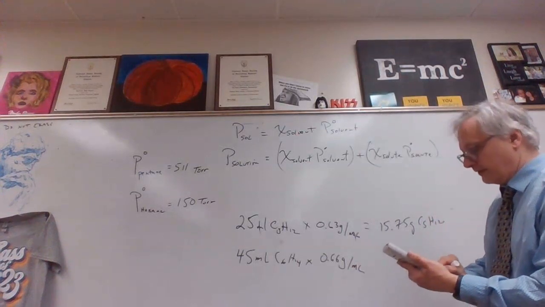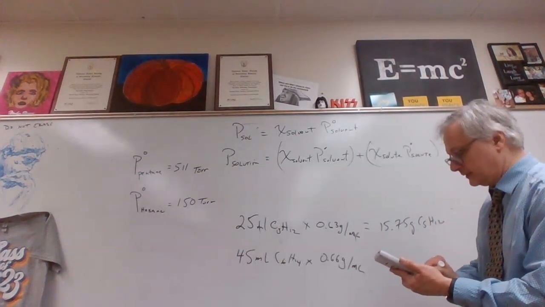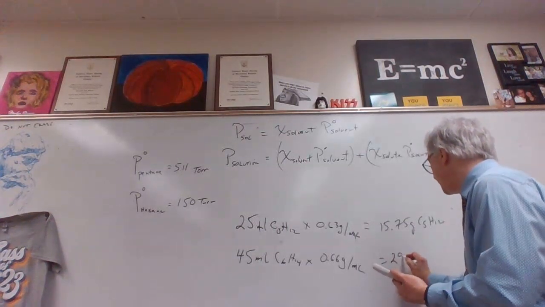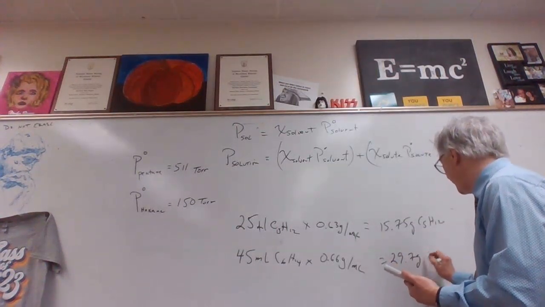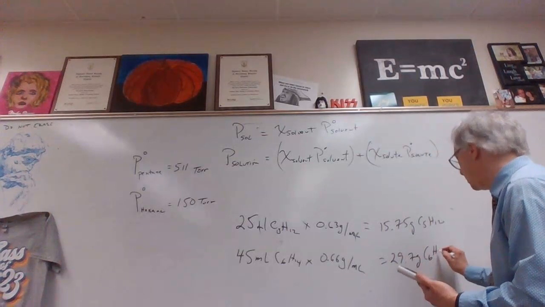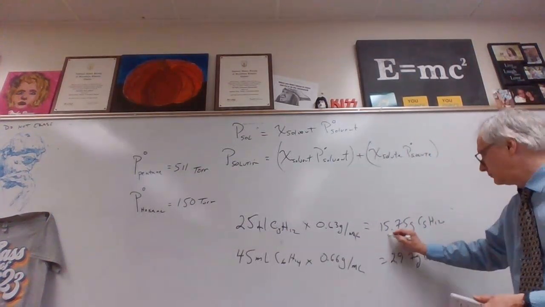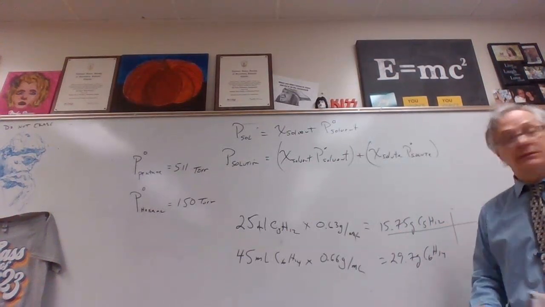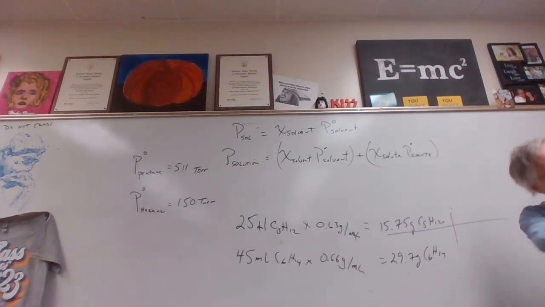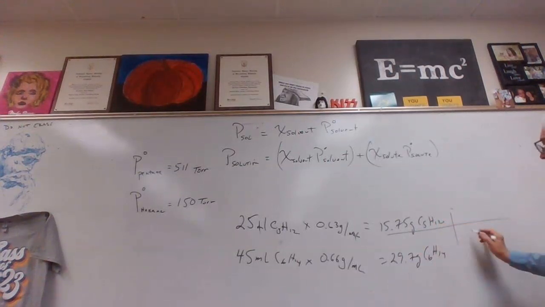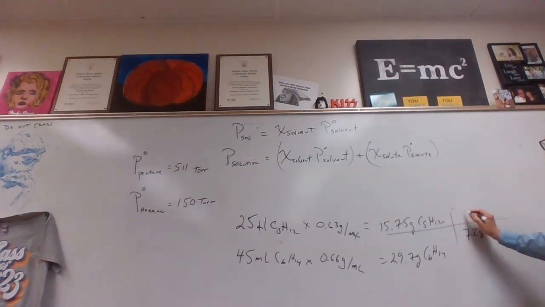And in this case, we've got 45 times 0.66, and I get 29.7 grams of C6H14. Now we want to get moles. Now remember how to get moles? Add these up. We've got 5 times 12 for the carbon, that's 60, plus 12 is 72. 72 grams is 1 mole.